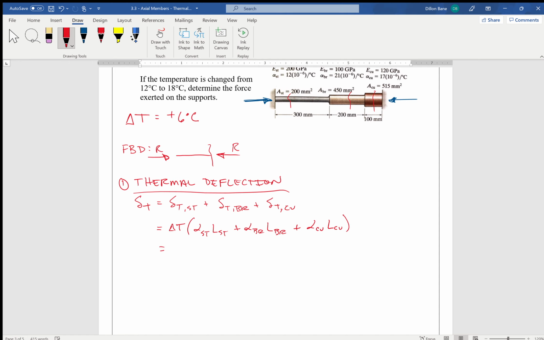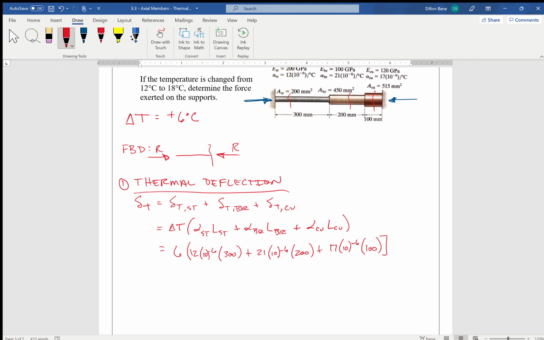If we just plug and chug here, we get 6 degrees Celsius times alpha steel, which is 12 times 10 to the negative 6, times the length of steel, which is 300 millimeters, plus alpha brass, which is 21 times 10 to the negative 6, times the length of brass, which is 200, plus alpha copper, 17 times 10 to the negative 6, times 100 millimeters.